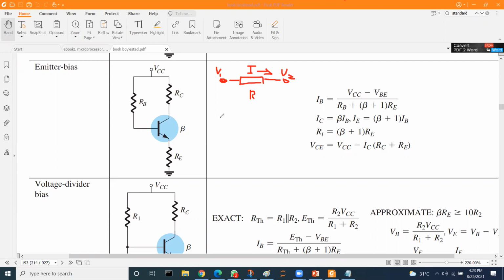So we can find the value of current through this circuit by using the formula V1 minus V2 divided by R. Sometimes the same formula is written in this form: V12 is equal to V1 minus V2.